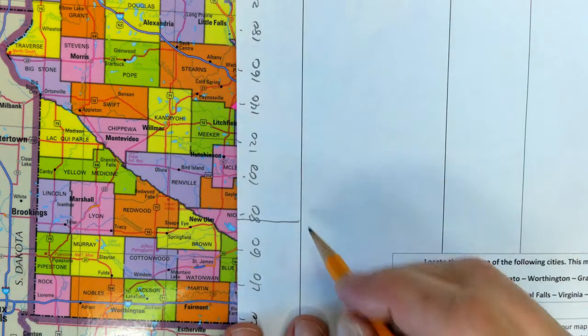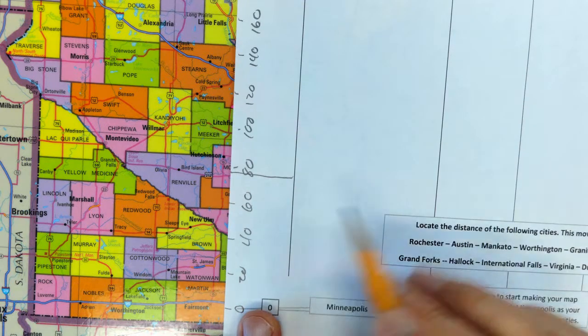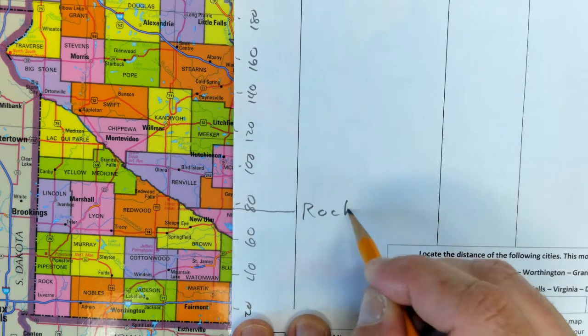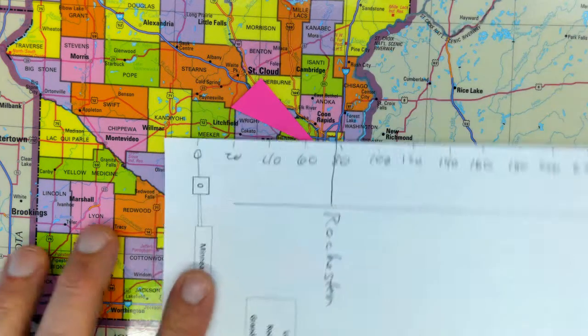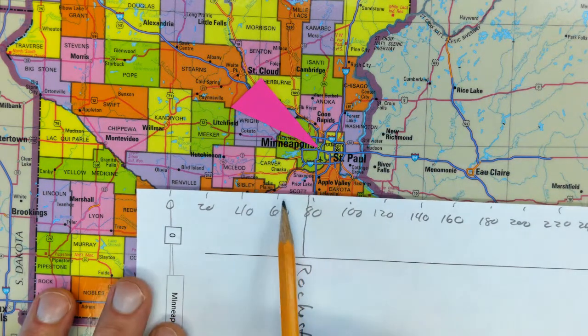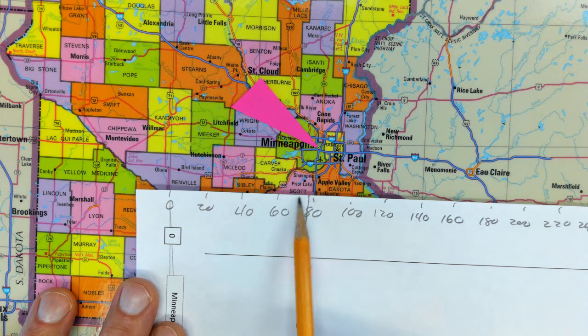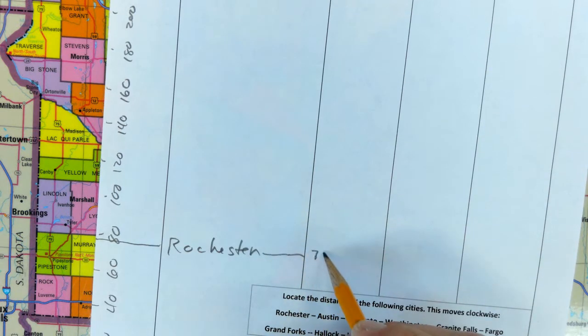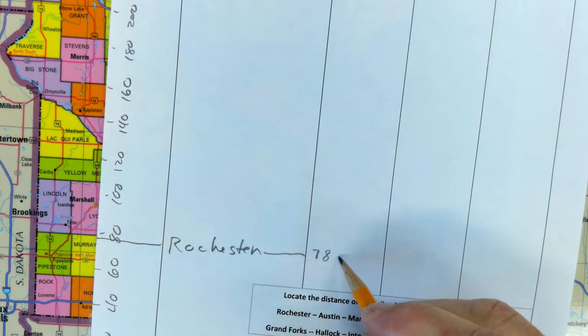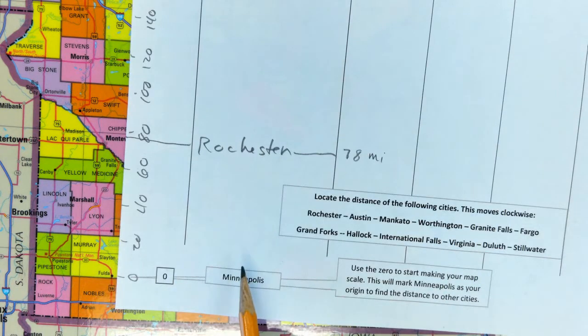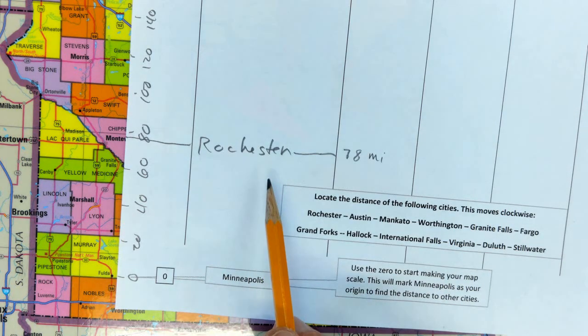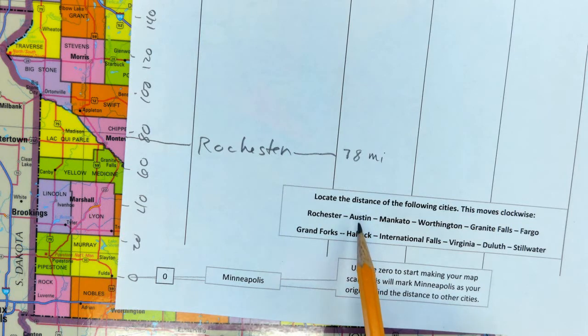And then since I'm going from Minneapolis to Rochester, I will write Rochester here. All right. And then we can estimate how far that is. So here's 60. Here's 80, just a little bit shy of 80, halfway between 60 and 80 is 70. So maybe we'd say 77 or 78, just say 78 miles from Minneapolis to Rochester.